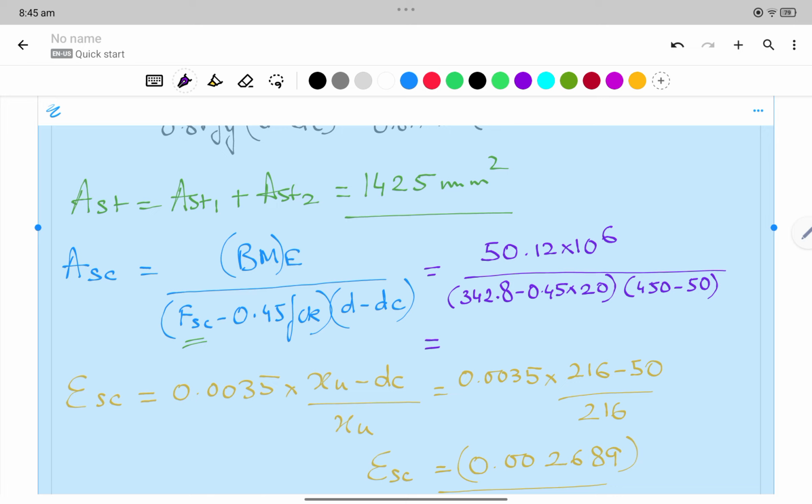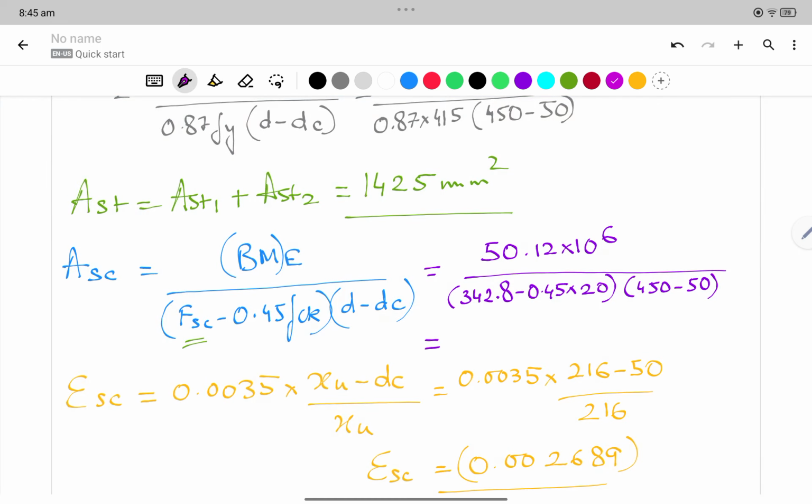So this bottom part is totally coming to 133520. Okay, 50.12 into 10 to the power 6 divided by 133520.